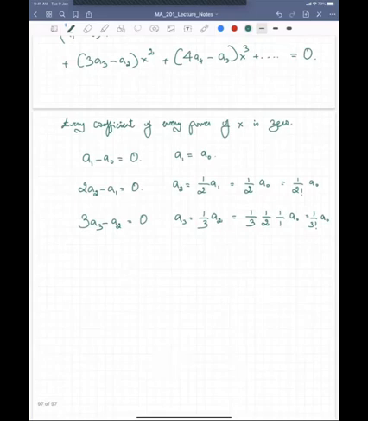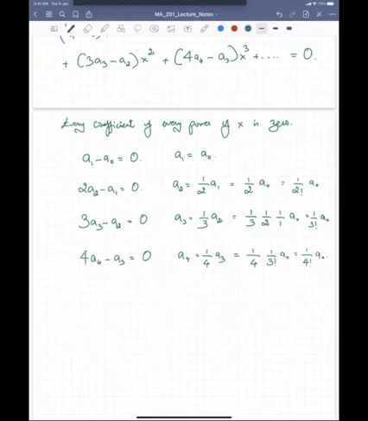Just to make absolutely sure, this next term is 4a4 minus a3 equals 0, which tells me a4 is 1/4 of a3, but a3 itself is 1/3 factorial a0, which means a4 is 1/4 factorial a0.